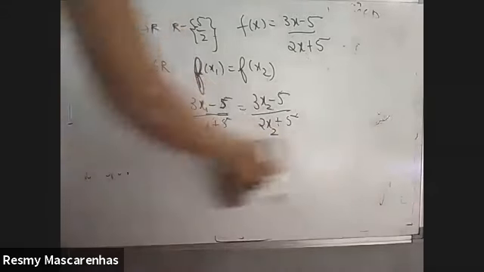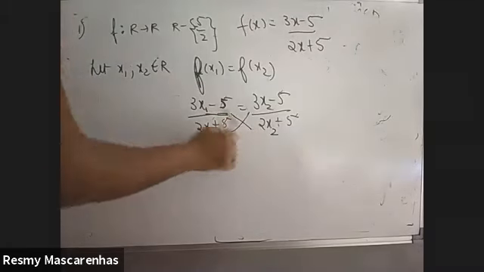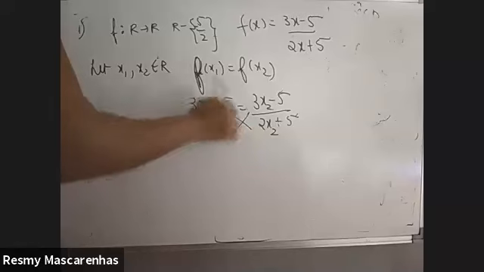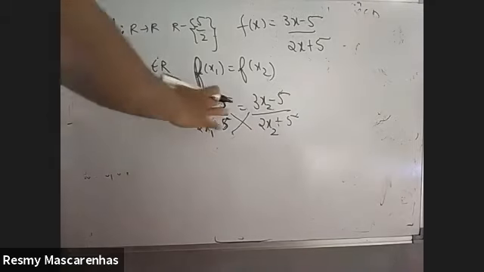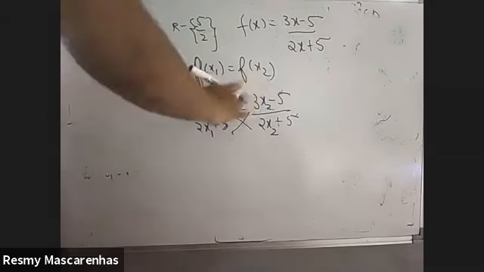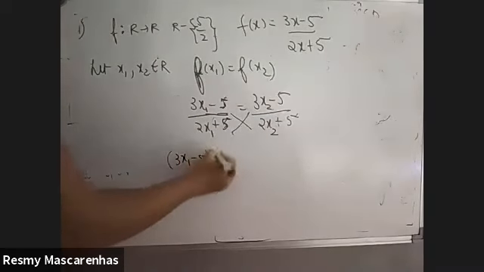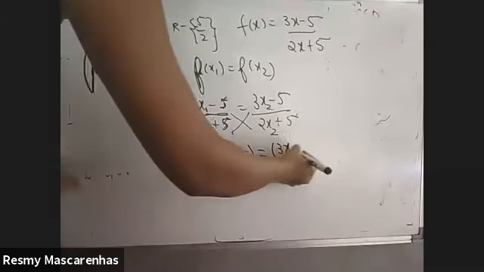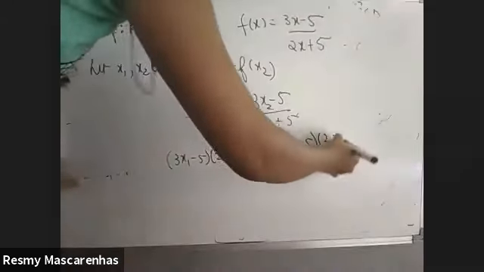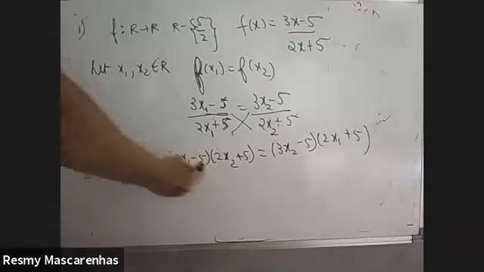So in this case, what you have to do is cross multiply. This is a fixed step. Whenever there's numerator upon denominator and you want to show that x1 is equal to x2, always cross multiply because you directly cannot cancel. So it will be, and then open up the bracket, multiply to all the terms.